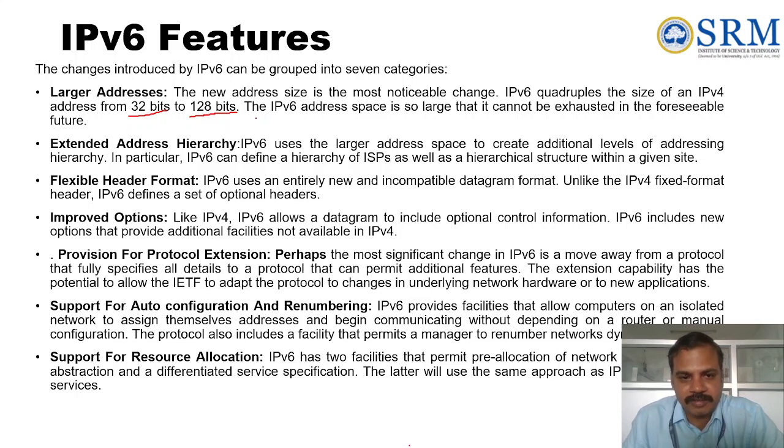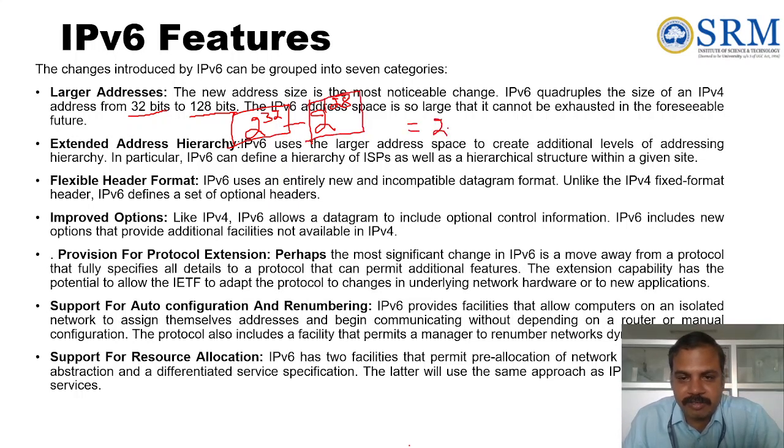If you take it in powers, the maximum number of addresses we can represent in IPv4 is 2 power 32, since the length is 32 bits, but now it is 2 power 128.